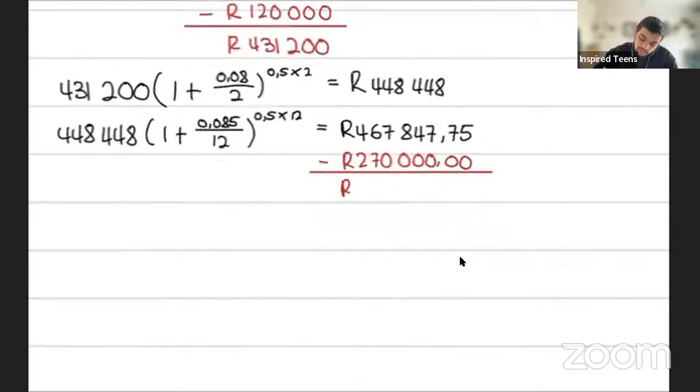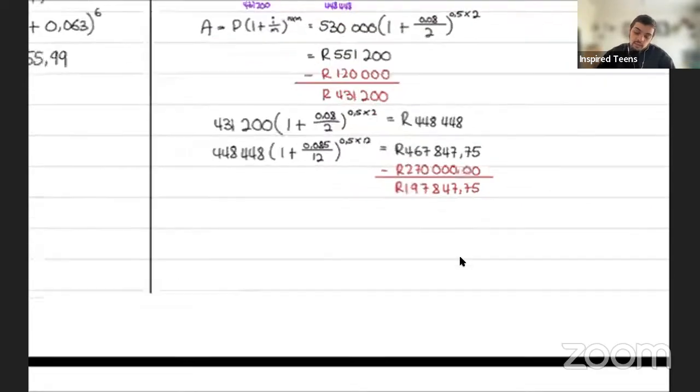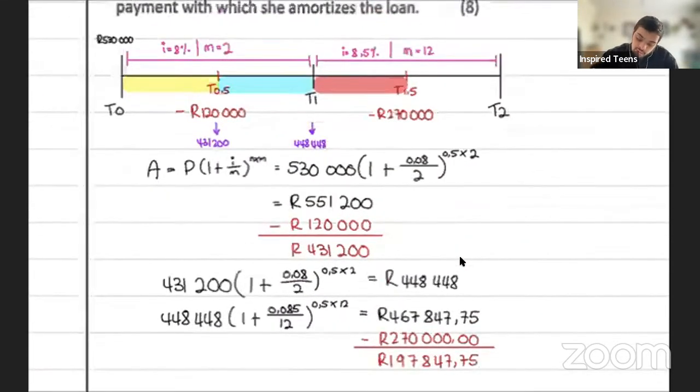She now owes them the difference, which is $197,847.75. That's what she now owes them. After she makes this payment, we can take note of that.